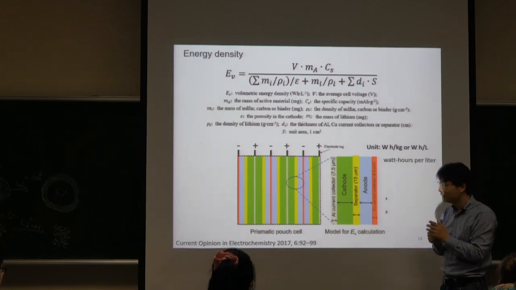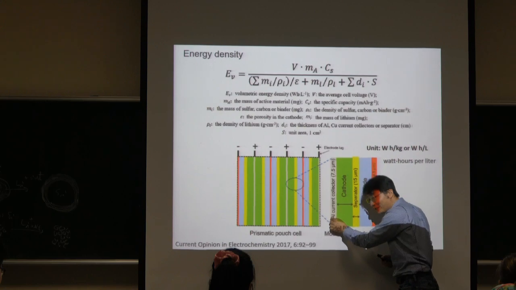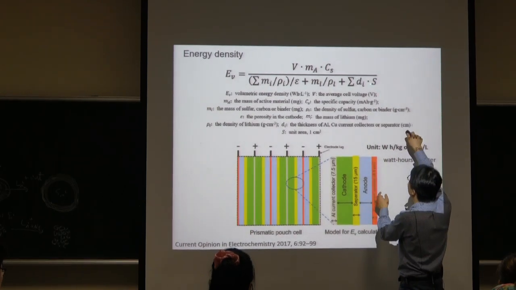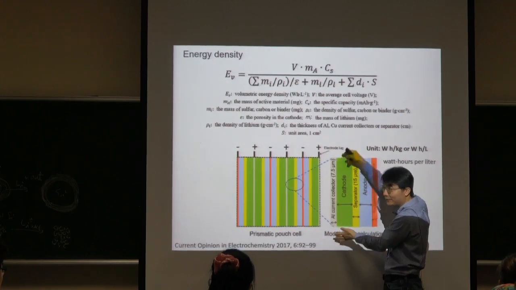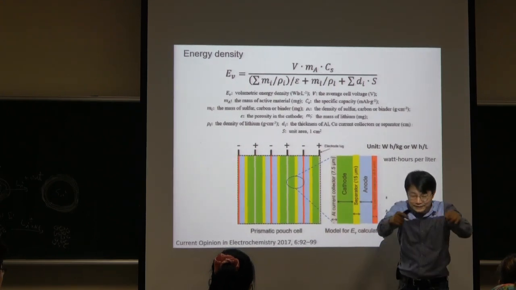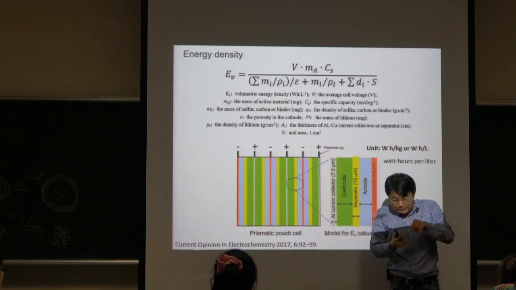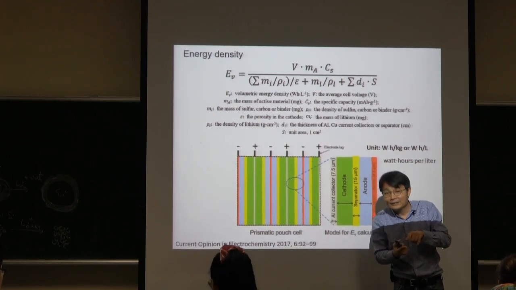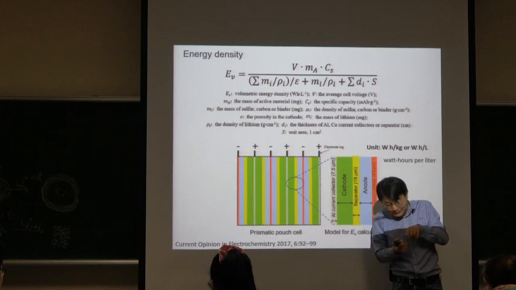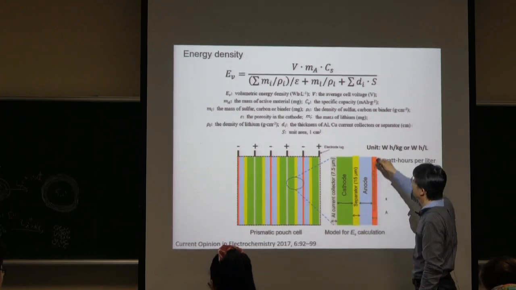And then, because this is only the thickness, you still need to multiply by S. S is the surface area. So the surface area multiplied by thickness is the volume, right? Surface area multiplied by thickness is the volume.